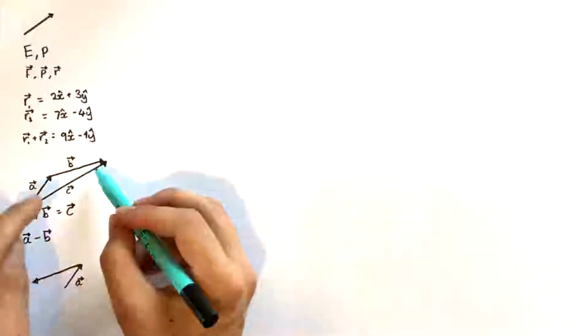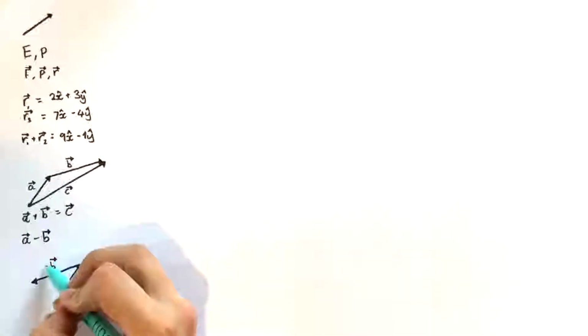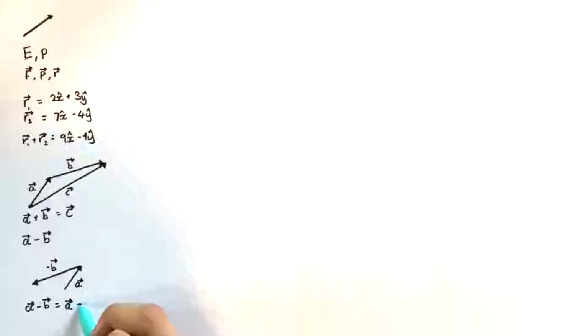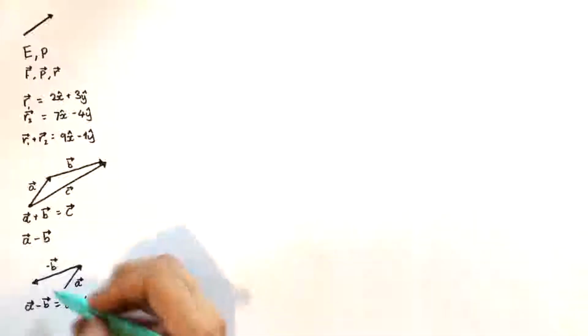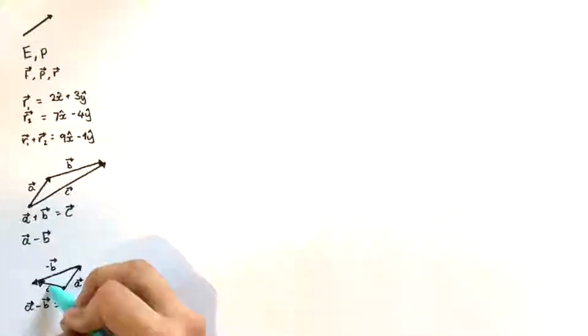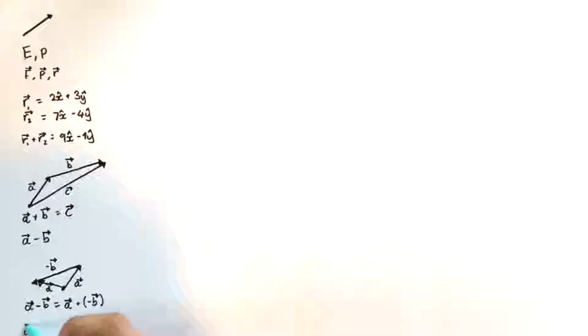It's the same length, but of course the opposite direction, and that is minus B. So A minus B is the same as A plus minus B. That's a good way of thinking about it. And of course, we're going to get another vector, which we can call D. So we can say that D equals A minus B.